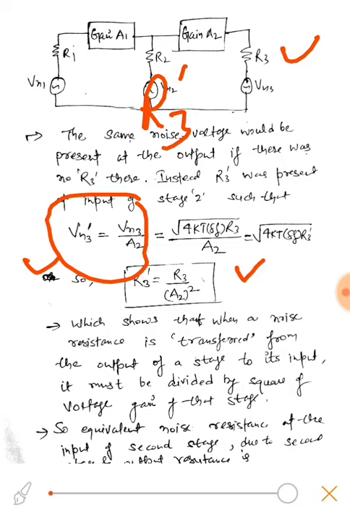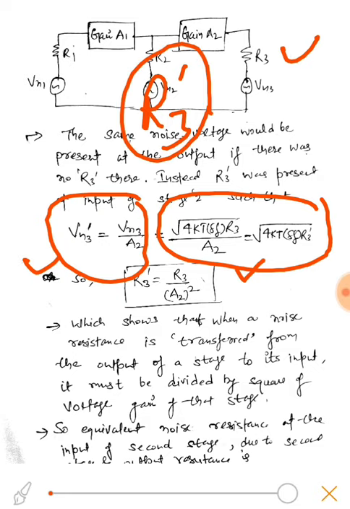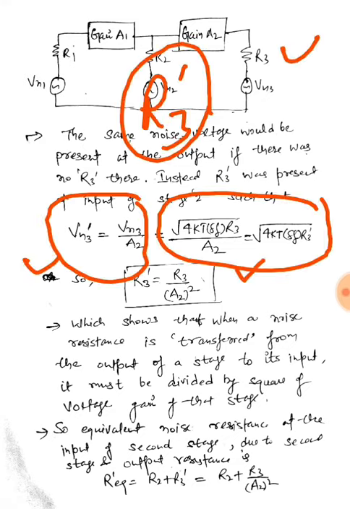Okay, now if we compare these two equations, we would get R3 dash, that is, this R3 dash will be equal to R3 upon A2 square, that is the square of the gain.